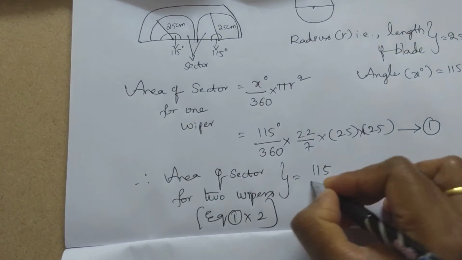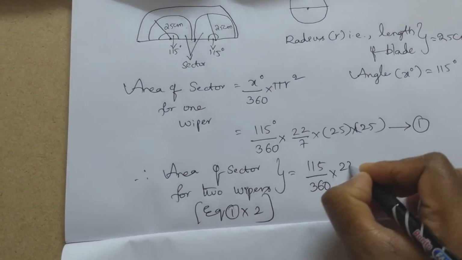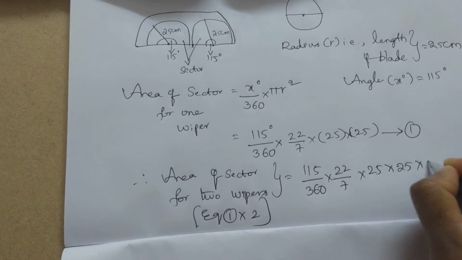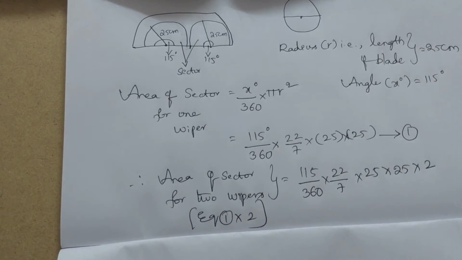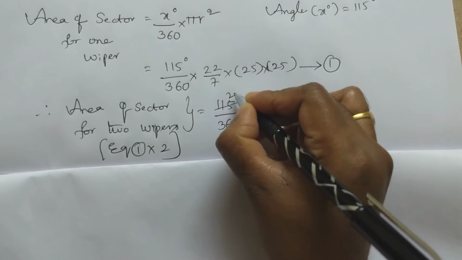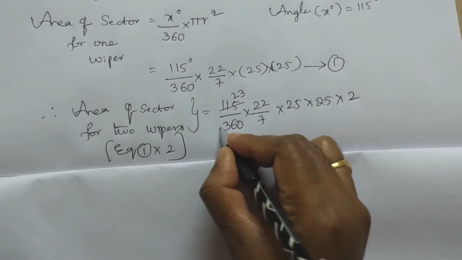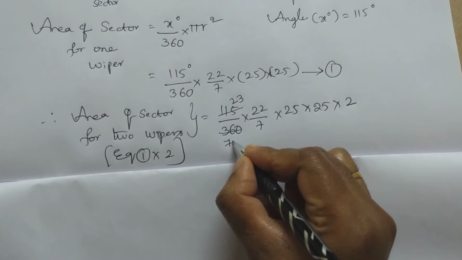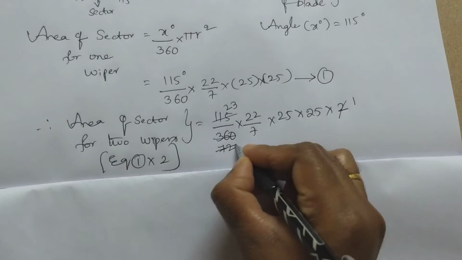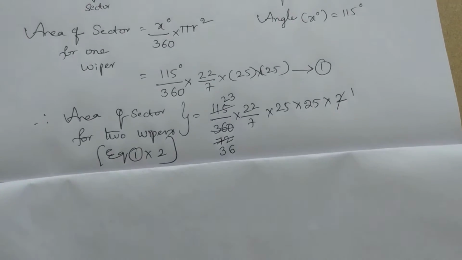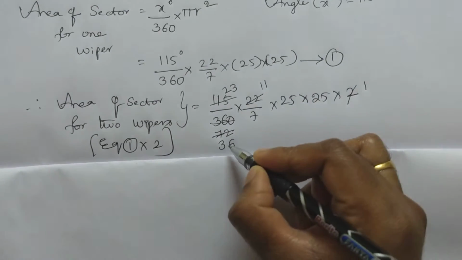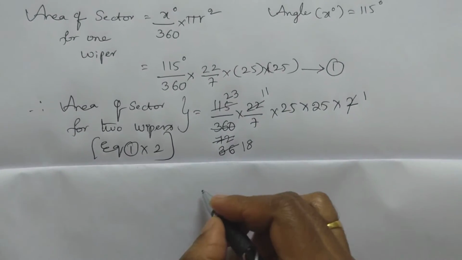Multiply with 2. So 115 by 360 into 22 by 7 into 25 into 25 into 2. Now let's simplify this. 5 2s are 10, 5 3s are 15, 5 7s are 35. So 2 1s are 2, 2 3s are 6, 2 11s are 22, 2 18s are 36.